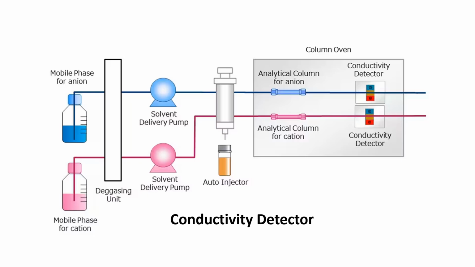Now, negative ions that can be measured here are fluorine, chlorine, bromine, and positive ions that can be detected are sodium, potassium, magnesium, and calcium. The conductivity detector is highly sensitive but very susceptible to the effect of temperature variation.